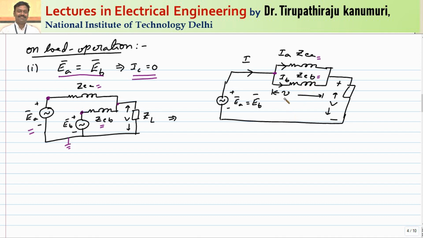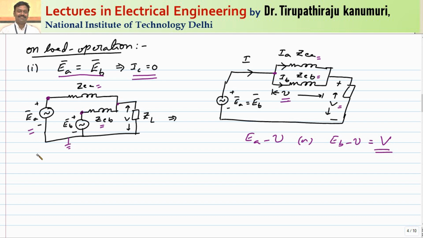So let us assume the voltage drop across this impedance will be small v and your terminal voltage will be equal to capital V. So here you can tell that the value of V will be equal to EA minus v, or this I can write as EB minus small v. This will be equal to capital V, or the terminal voltage. I hope up to here it is clear to you. So let us try to write the equations for the same.